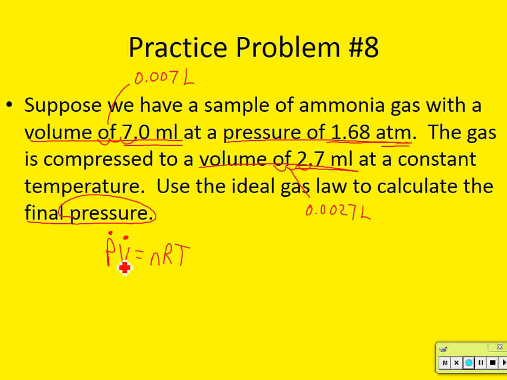If you have two variables that are changing and they're equal to a constant, we're going to call this one P1 and V1, and they're already on the left side. So let's keep it there. So I'm going to call that initial. But they're equal to these constants right here, nRT. Well, pressure and volume are changing, so I'm going to call it P2, V2.